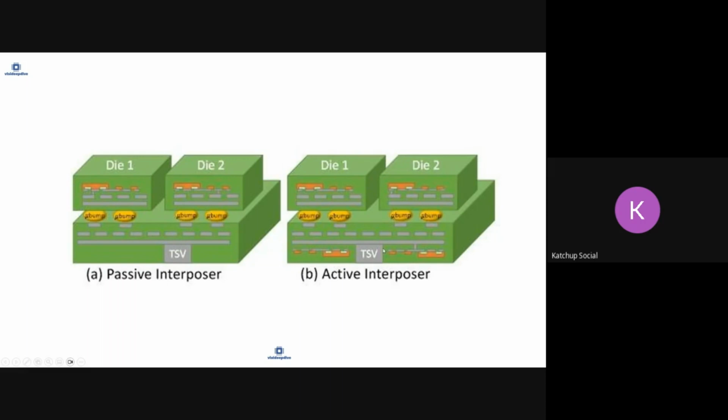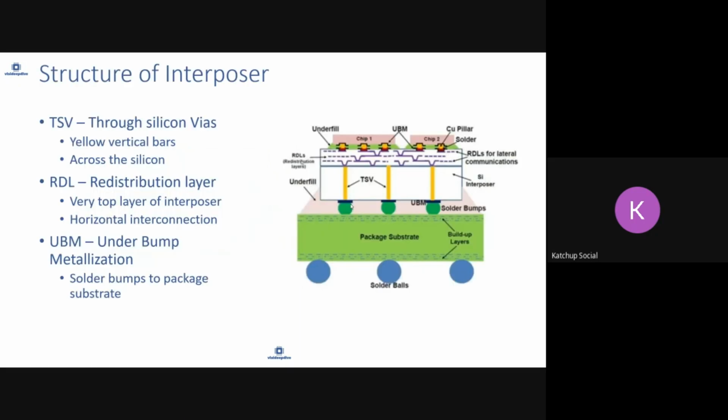Because of that, an active interposer will have slightly lower wiring connectivity density than a passive interposer. So the interposer is a key enabling technology for 2.5D and 3D. Let's understand this in a little more detail.